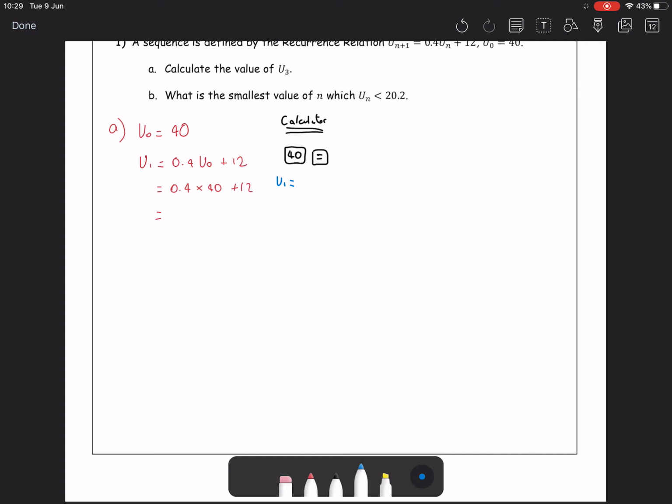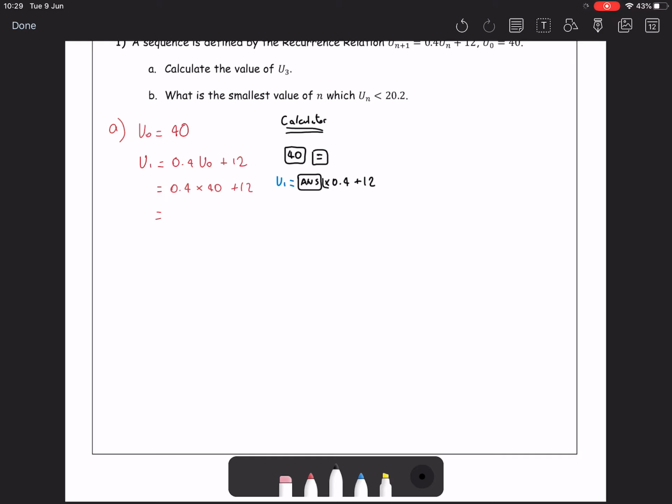my answer times 0.4 plus 12. So in my Sharp calculator, it's alpha equals, I have answer written, times 0.4 plus 12.